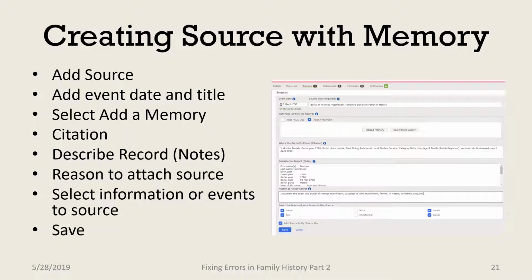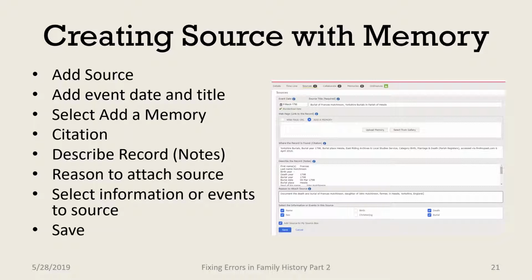In the description of the record field, I simply copy and paste the text from the transcription on findmypast.com. The reason statement is: document the death and burial of Frances Hutchinson, daughter of John Hutchinson, farmer in Hessel, Yorkshire, England.